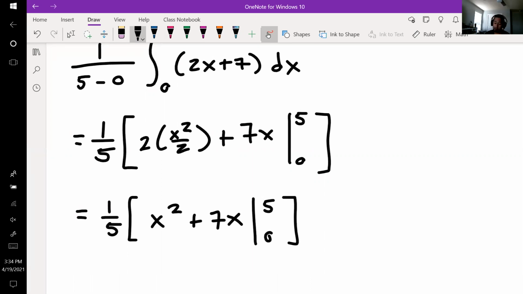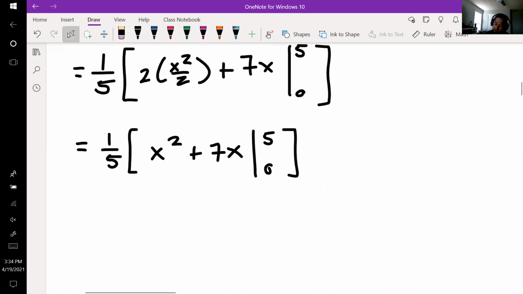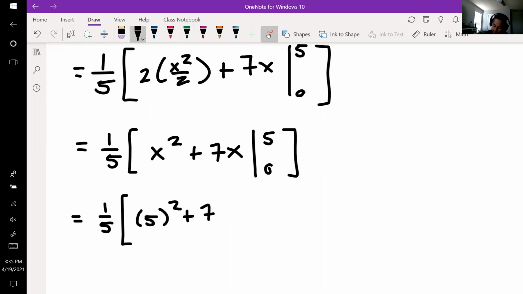Now you can evaluate the inside. So we can rewrite this as 1/5 times 5 squared plus 7 times 5 minus 0 squared plus 7 times 0.